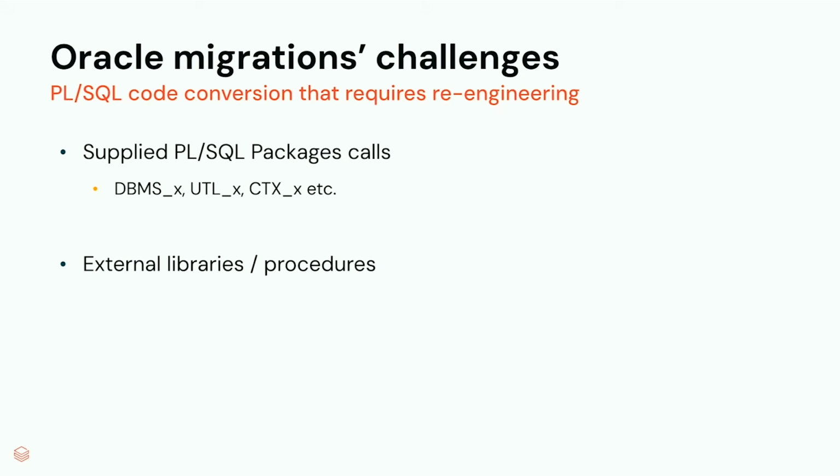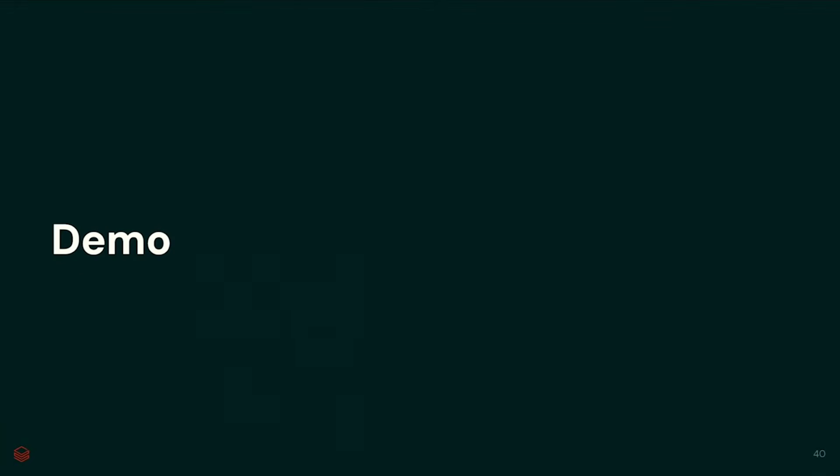Because these are compiled code, if you want to convert this to Databricks, you will have to get the code, read the code, and convert the code. And because it's usually based on C or C++ routines, LakeBridge doesn't support C or C++ conversion, so you will have to do it manually.